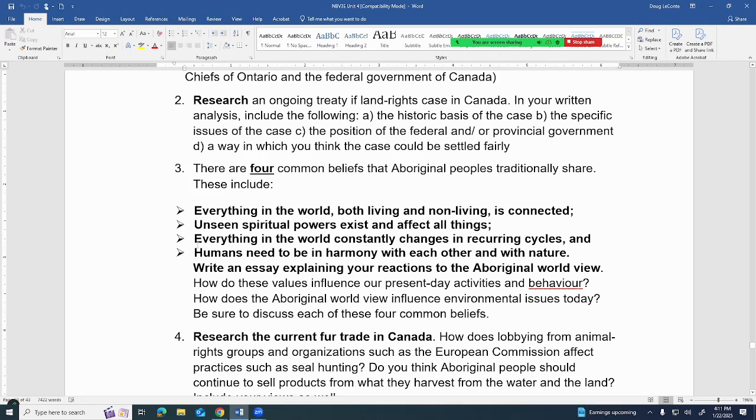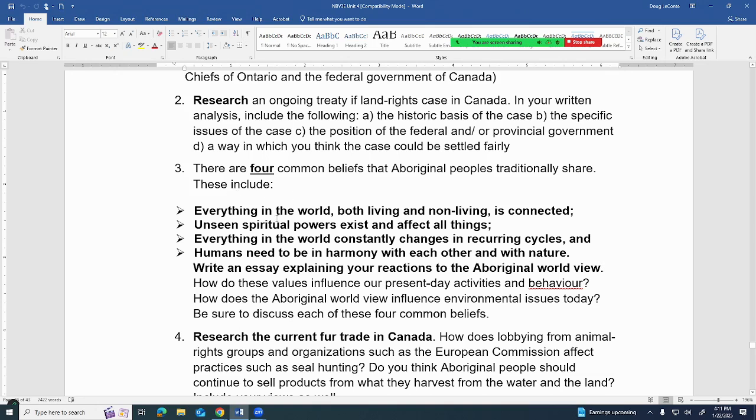The second one is the unseen spiritual powers exist and affect all things. The third one is everything in the world constantly changes in recurring cycles, and humans need to be in harmony with each other and with nature.